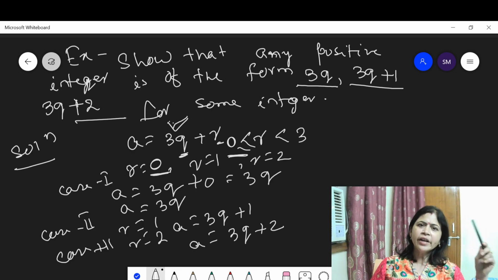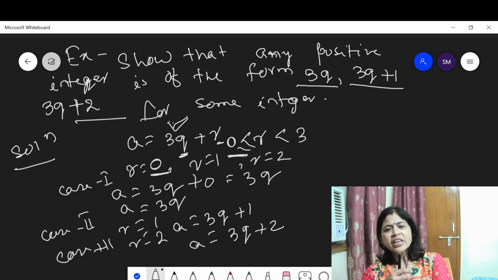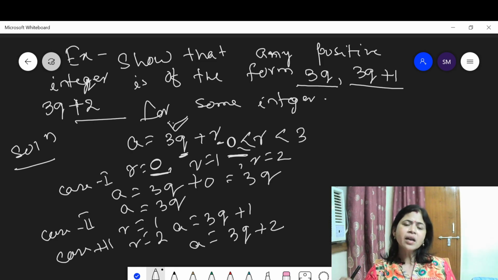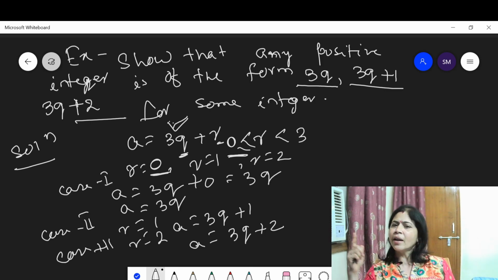According to the Euclid division lemma, any positive integer can be represented in the form A equals bq plus r. Here you take 3 as the divisor, so A equals 3q plus r. Then 3 is the divisor, this means the remainder must be between 0 and 3, so r is greater than or equal to 0 and less than 3.